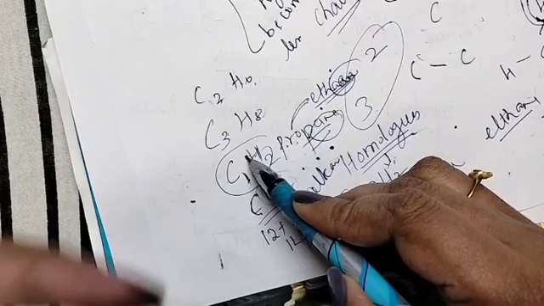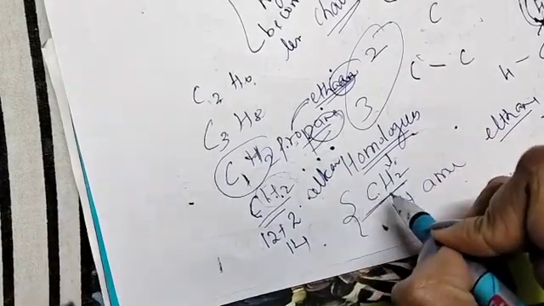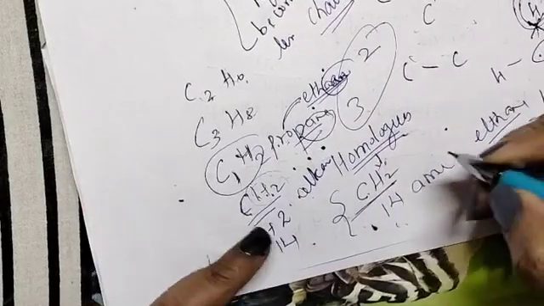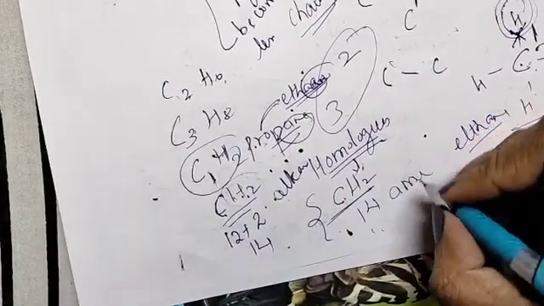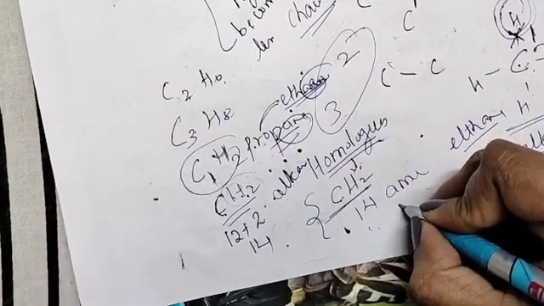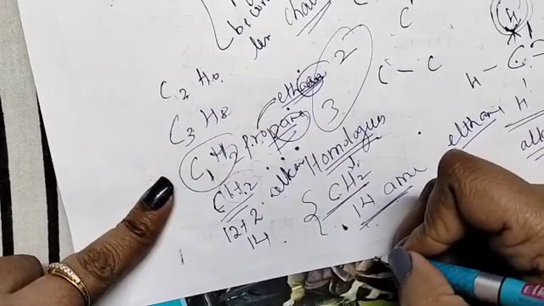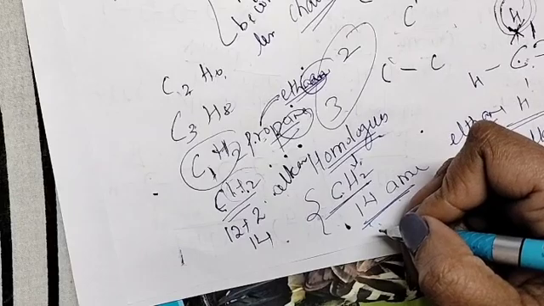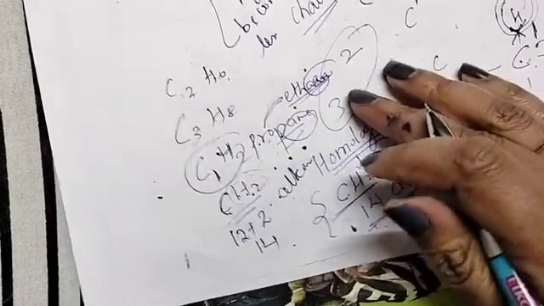So you can write it as per the formula, that is the CH2 unit, or you can write how much by atomic mass they're going to differ. That will be 14 atomic mass units. So those are some questions that we have quickly taken.